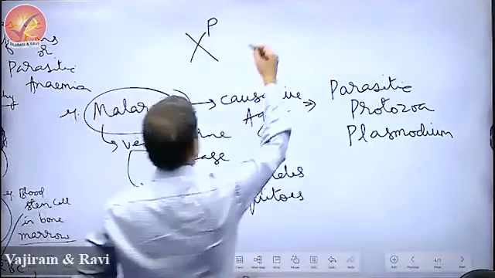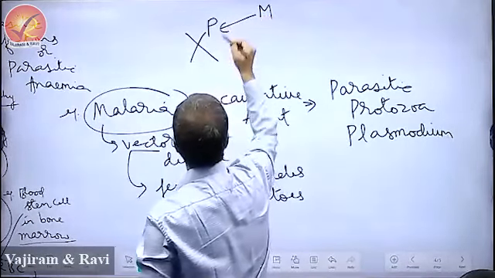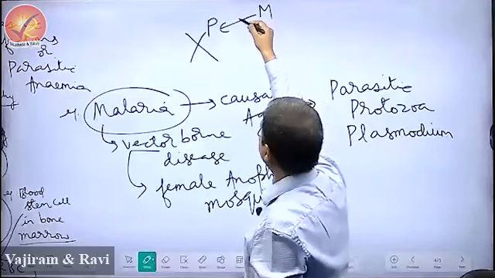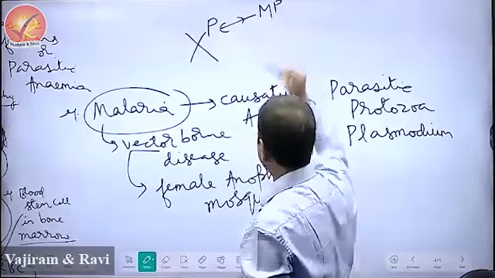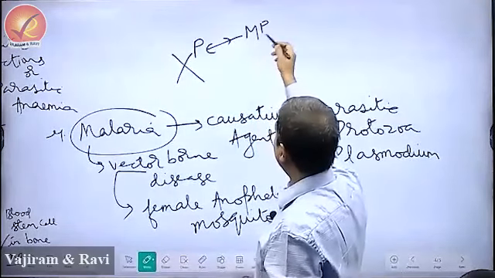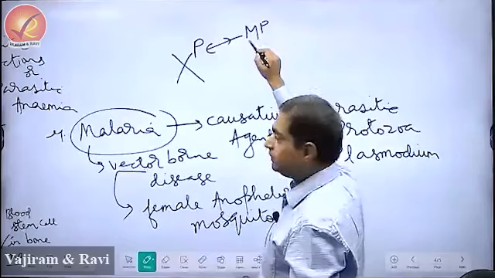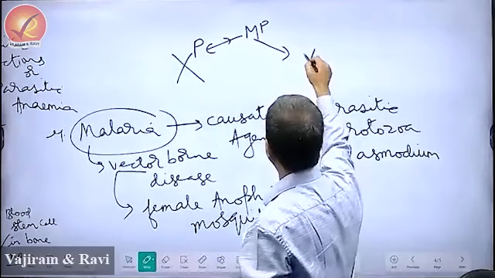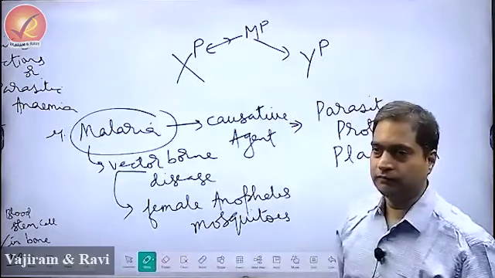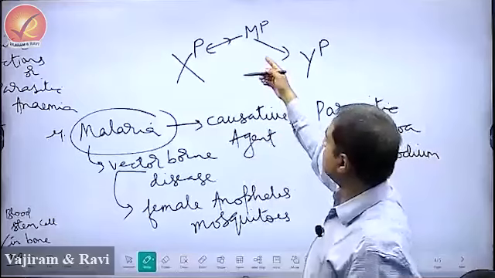Now when mosquito M bites person X while sucking the blood, Plasmodium P enters the body of mosquito M. Now this mosquito M carrying the Plasmodium P, when it bites healthy person Y, will transmit Plasmodium P to the healthy individual Y. So mosquito M is acting as what?